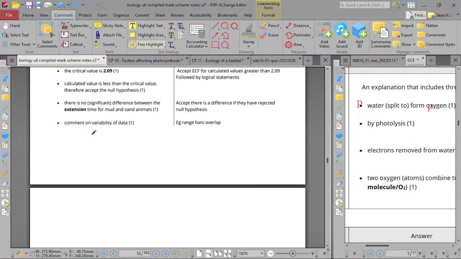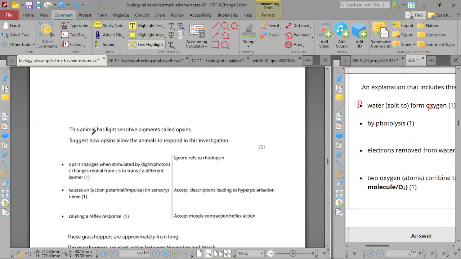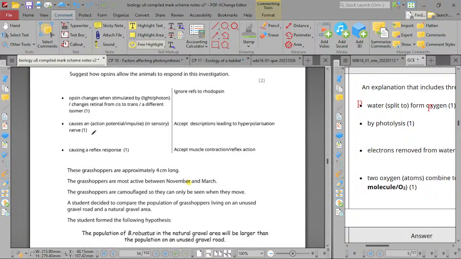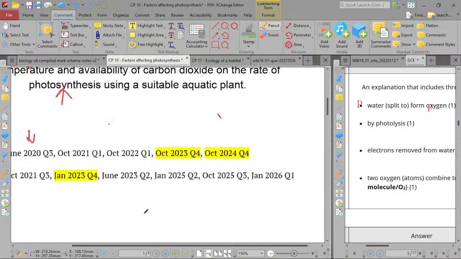Give me, give me the money. Give me the, give me the, give me the money.